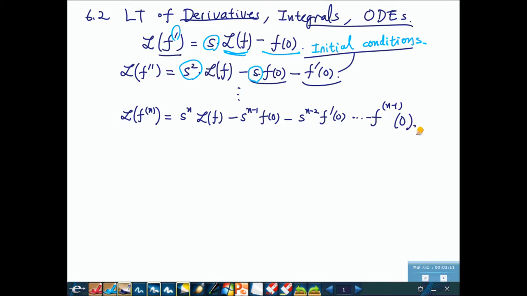That's the full generalization of the nth order Laplace transform of derivatives.